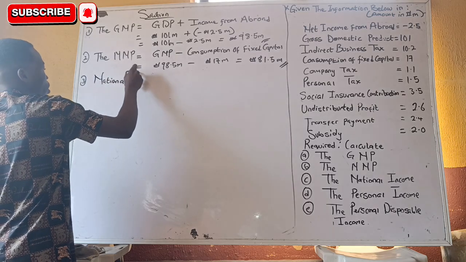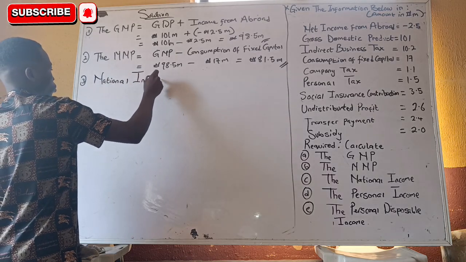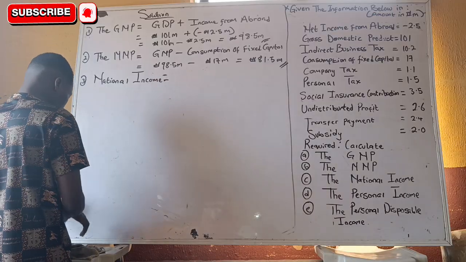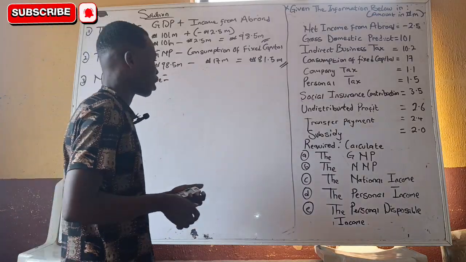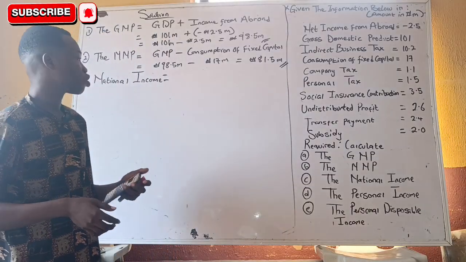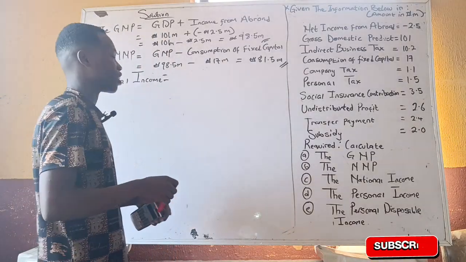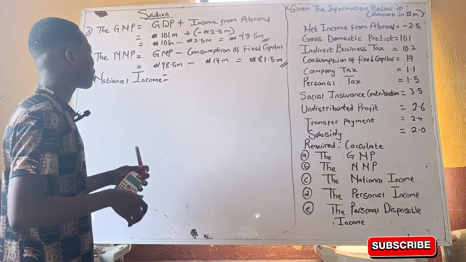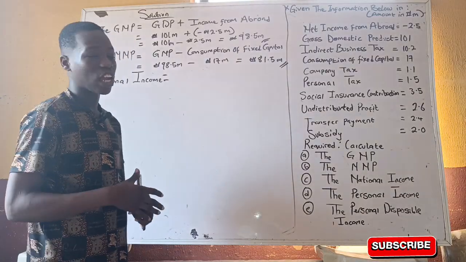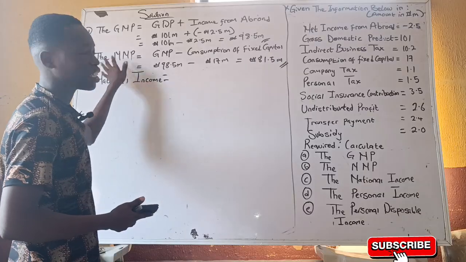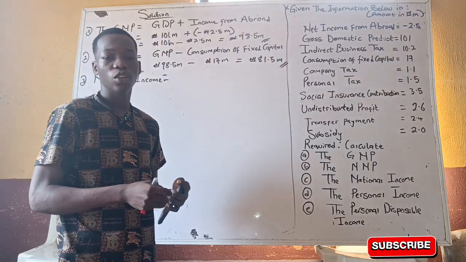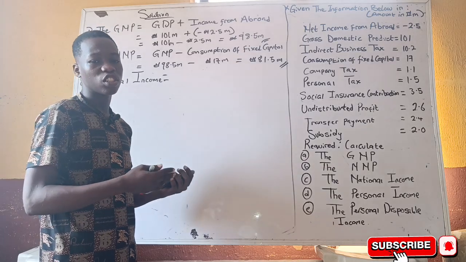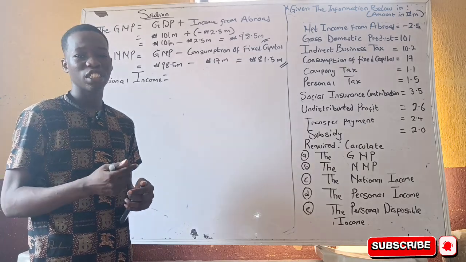National income. Now, to calculate our real national income at cost price or factor price, yes, national income at factor price. After we might have calculated our net national product, there are certain adjustments we need to make. Sometimes the government can give subsidy, so we add subsidy to it, and some indirect business tax.